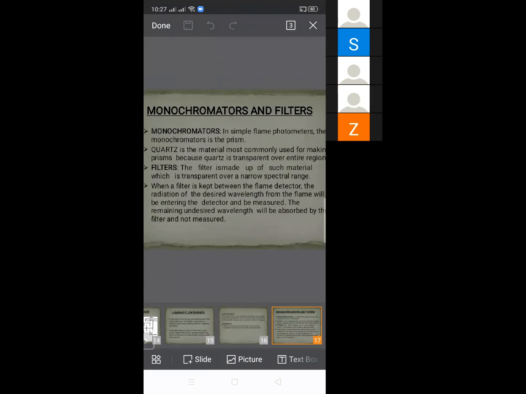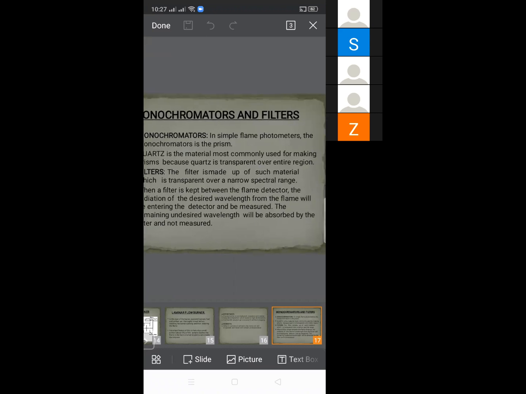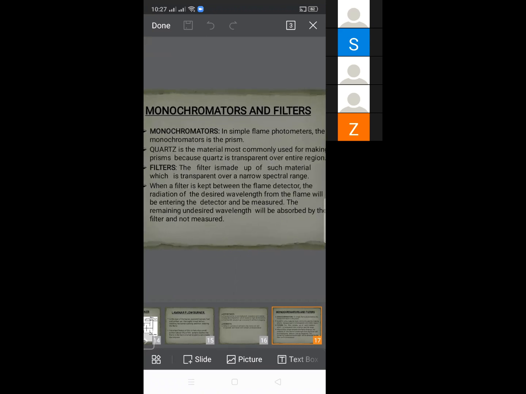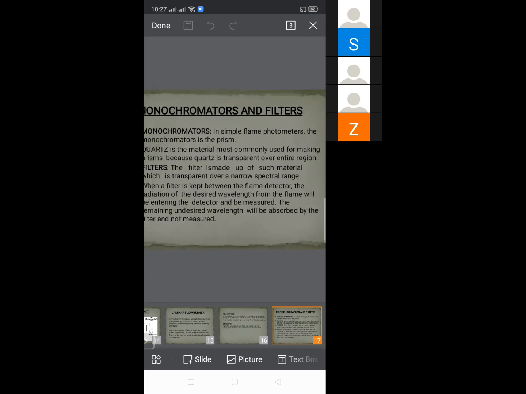Next, the components that are used in flame emission spectroscopy. Firstly, I will explain what monochromators and filters are, and their function. Monochromators are optical devices that separate polychromatic light into a range of individual wavelengths, meaning conversion of polychromatic light into monochromatic light.